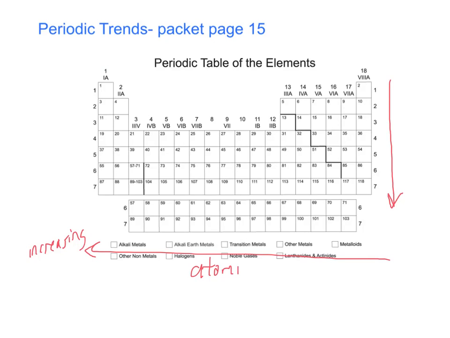Shielding is when the electrons shield or block the effect of the nucleus on the other electrons. That's why atoms grow larger as you move down and across, because there are more electrons, so the ability of the nucleus to hold on to those outermost electrons becomes weaker.